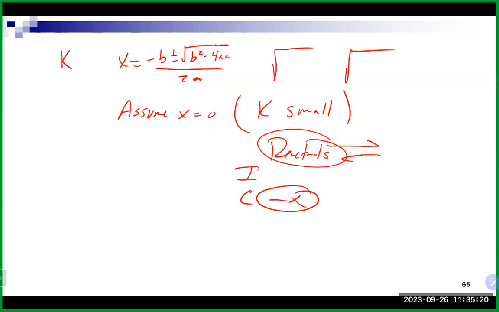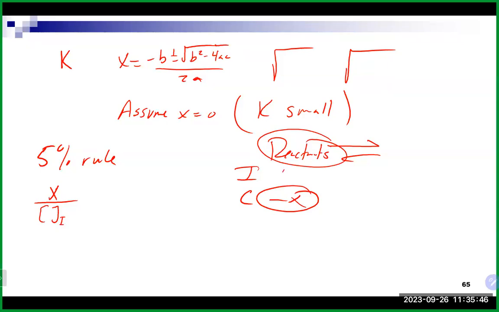Remember that when you make the assumption, you need to check to make sure it is okay. What we're going to follow in this class is what's sometimes referred to as the 5% rule. You take the x value you got after making the assumption and divide it by the initial concentration, which is what you subtract it from in the table.